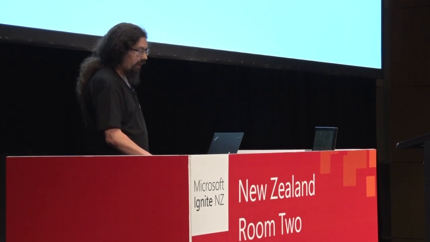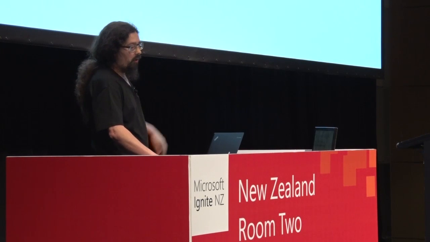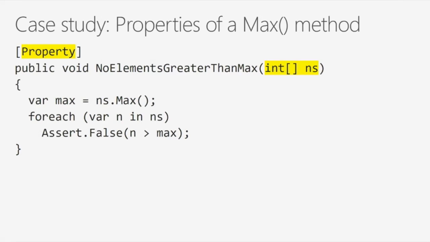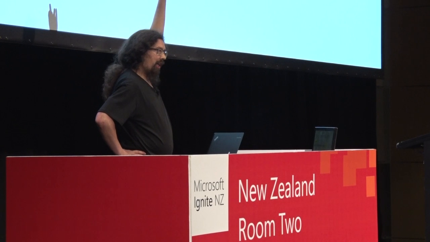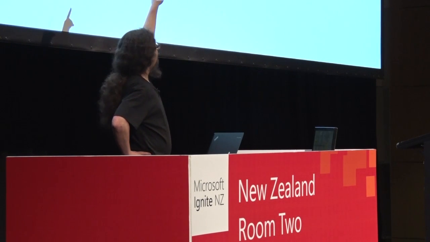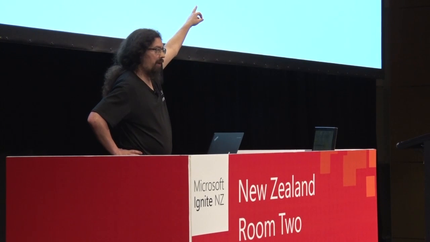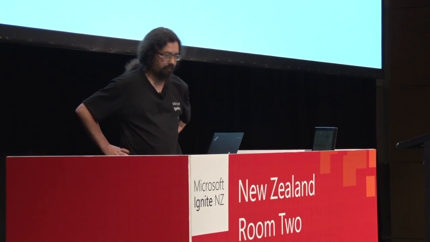I can translate that into a property-based test, which means that instead of saying I want to try it on this particular input, 487, I want to try it on all possible integer arrays. And in the framework that we're going to look at, which is FsCheck on Xunit, I do that by using the property attribute instead of the fact attribute, and by having a parameter to the test method, which is the appropriate type for the input.